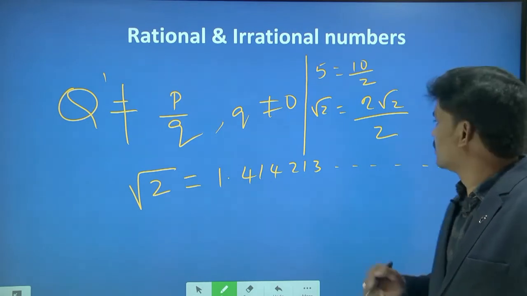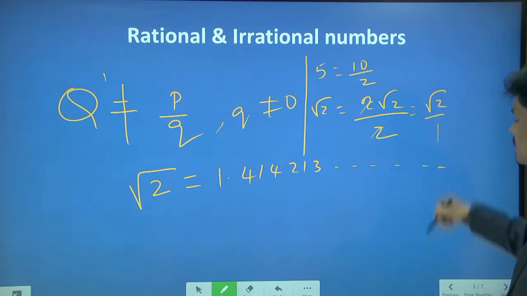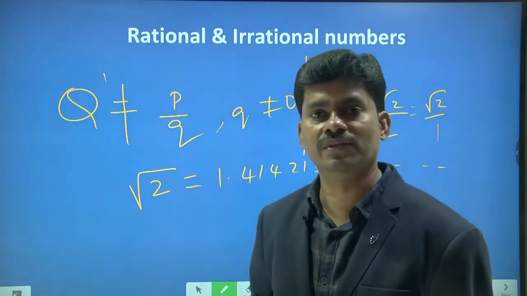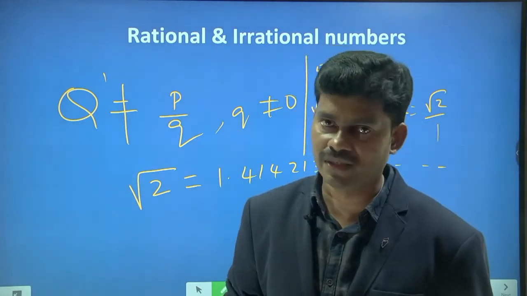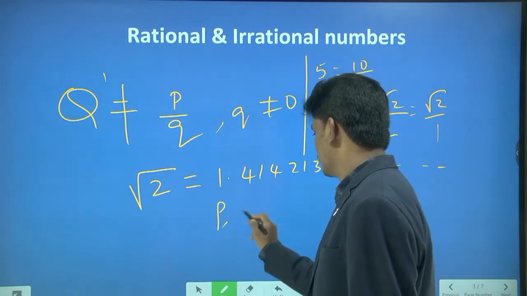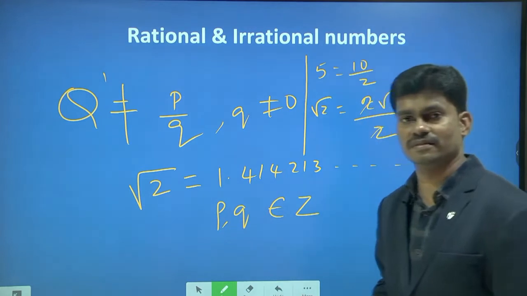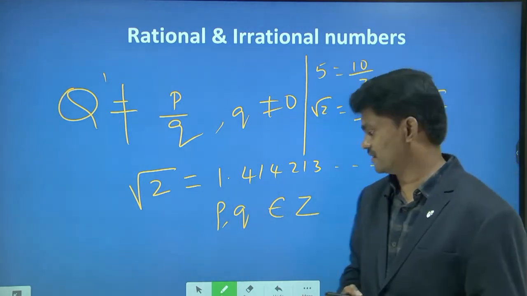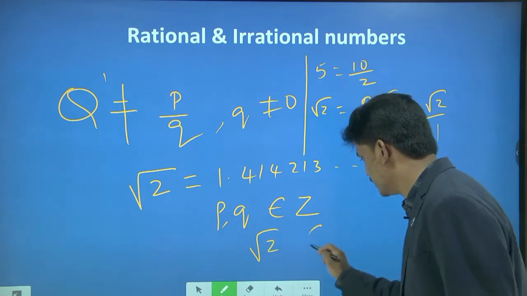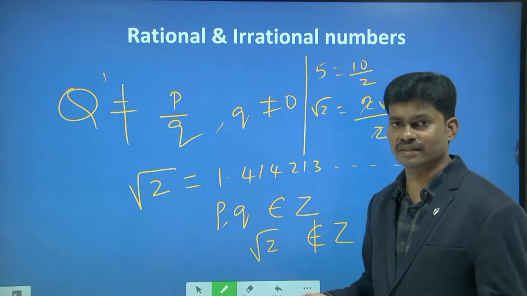What is that condition? If I cancel here, I will get root 2 by 1. Of course, the denominator is not 0, but what about the numerator? P, Q should be integers. Here, root 2 is not an integer.